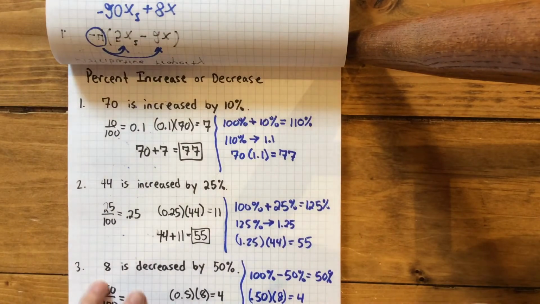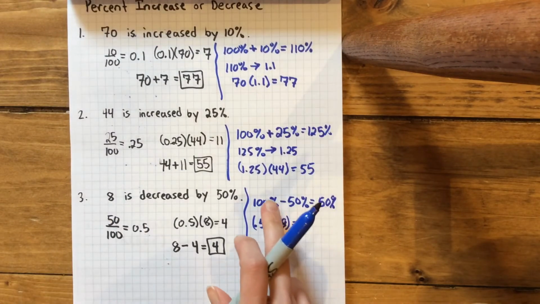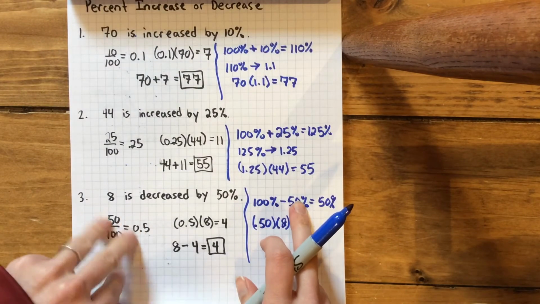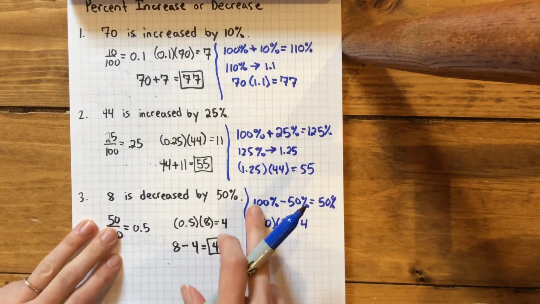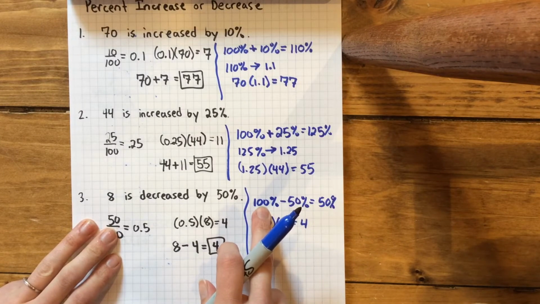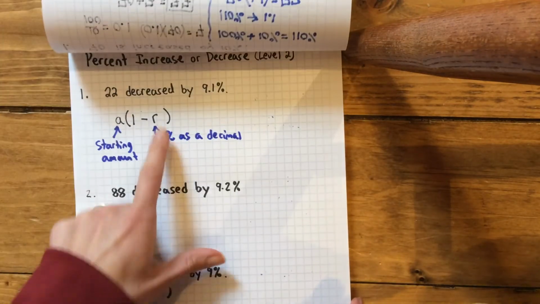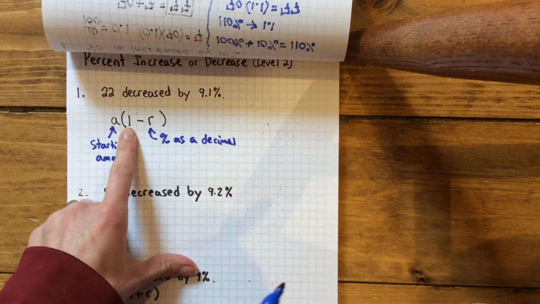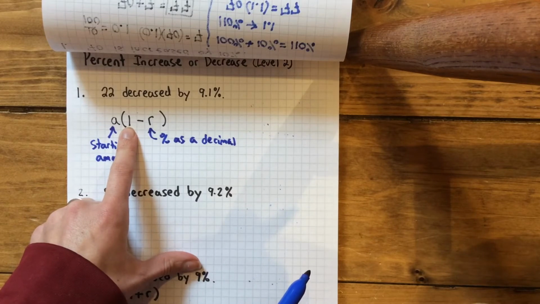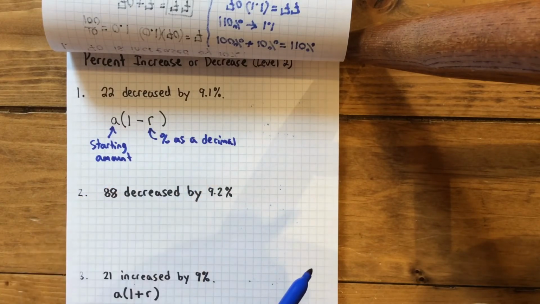Because as we saw in the last example, we started with 100% and took away. But since we want it in decimal form, 100% as a decimal is 1, and then our percent in decimal form will be the R. So this represents our 100% minus our percent in decimal form.